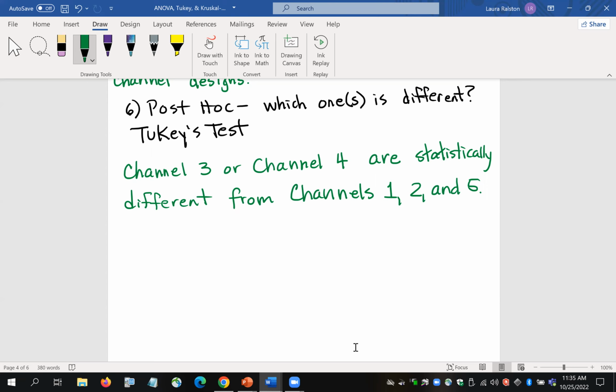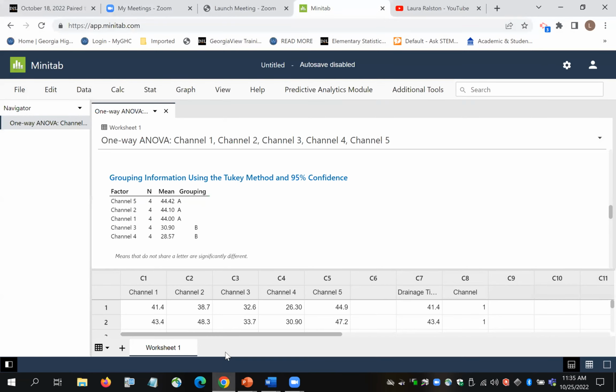But then I want to go that step further to say, well, are channel 3 and 4 the better option, or would they, in a sense, be the worst option? And that determination I get from looking at the means. And I can see that the mean or the average time it takes for 3 and 4 to drain is approximately 14 minutes faster. Okay, all the others are close to 44.